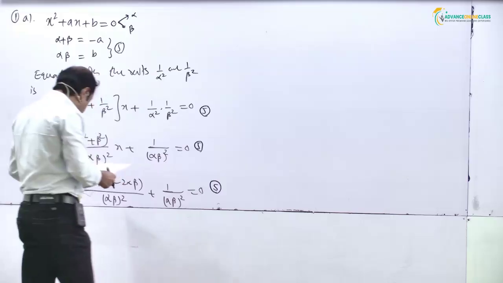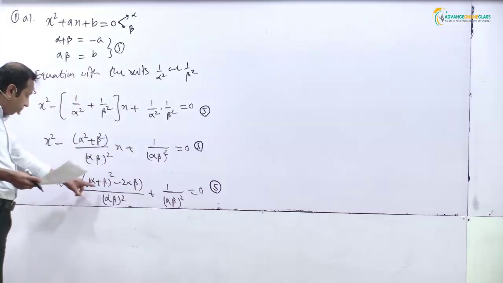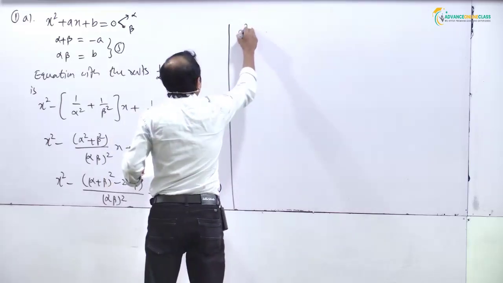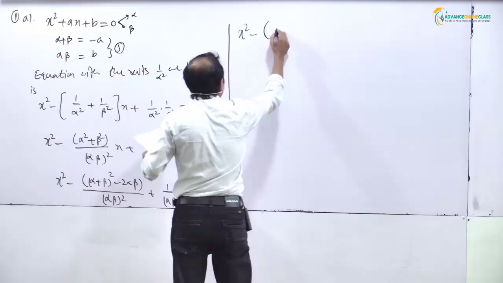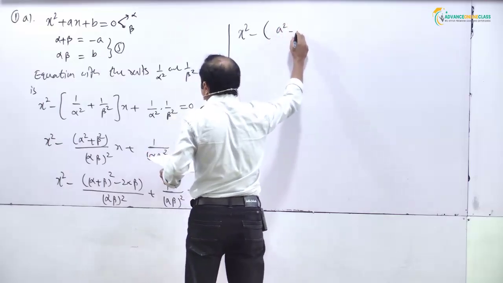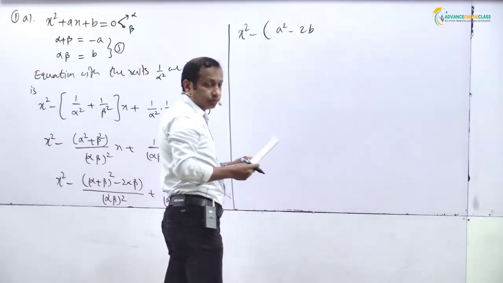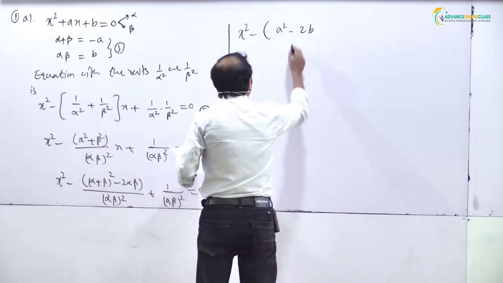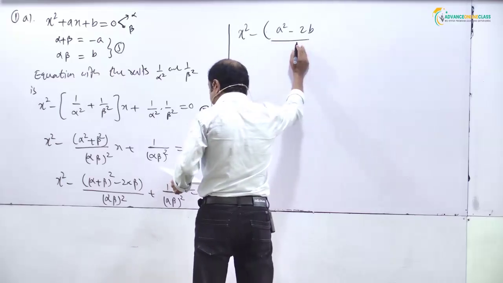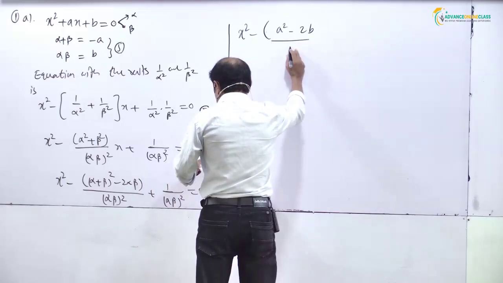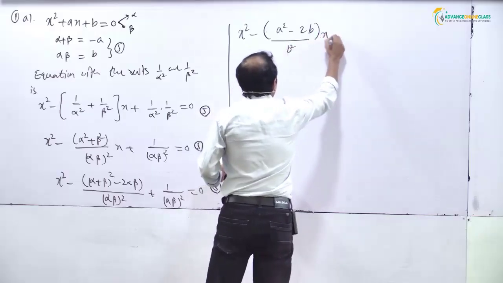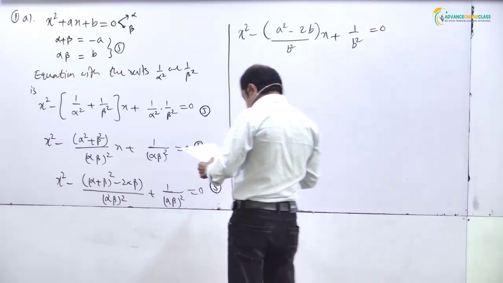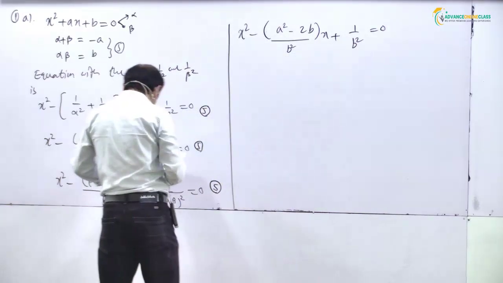Okay, and now you can substitute for this alpha beta part: x squared minus alpha plus beta, a squared minus 2b, over the denominator beta squared, which is b squared, times x plus 1 over b squared equals 0. For that 5 marks.